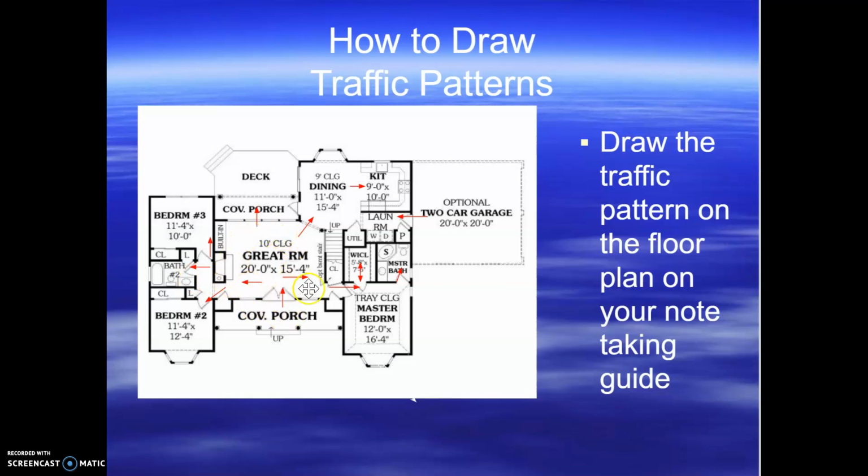So in this example, your living room or great room, there are a lot of different traffic patterns because people are either going to the bedroom, they might come in from the porch, go to the master bedroom, dining area. So it's really the path or the direction that people will travel within certain spaces.